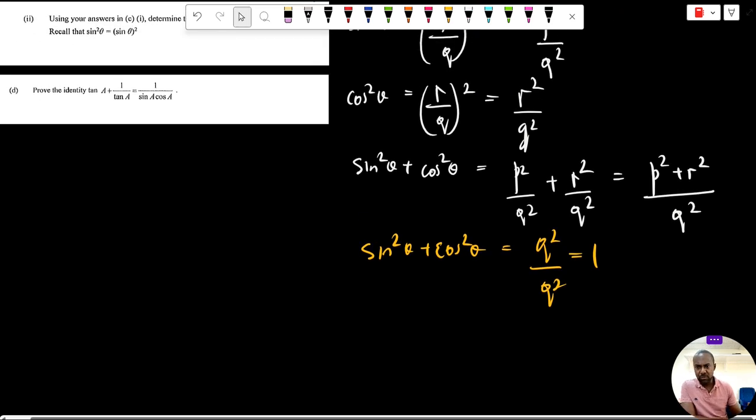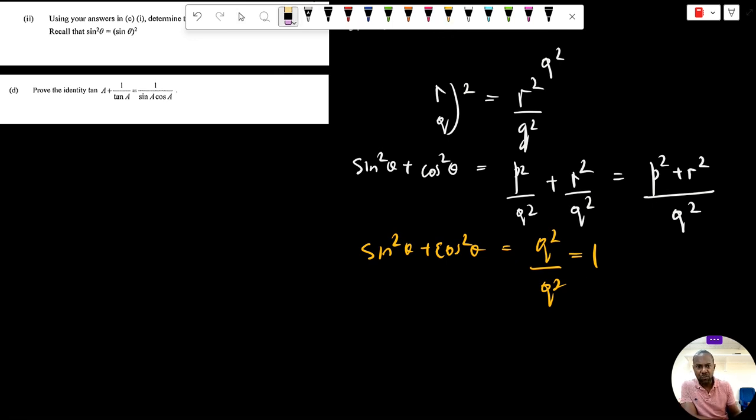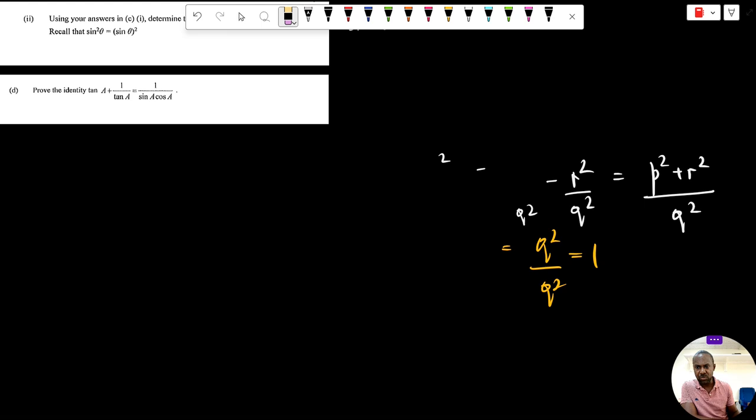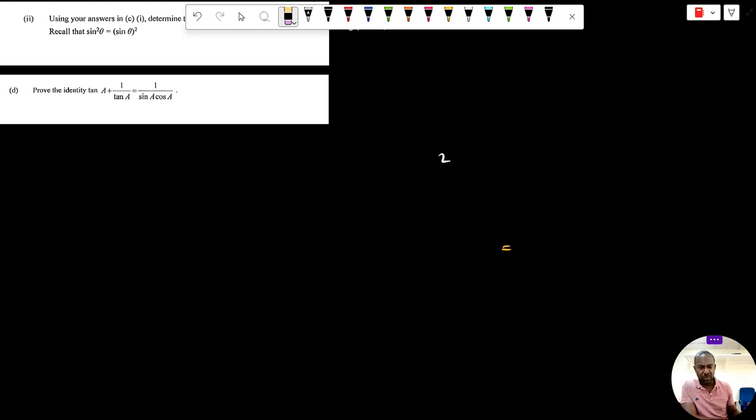Now, the next part of the question requires us to prove the identity, right? So they want us to prove the identity that tan A plus 1 over tan A is equivalent to, or equal to, 1 over sine A cos A. Now, let's examine both sides of this trig identity and try to determine which of the two sides appears to be the more complicated of the two.